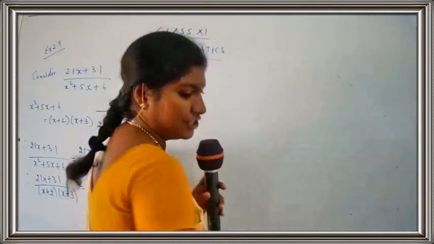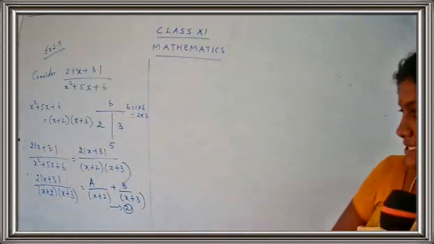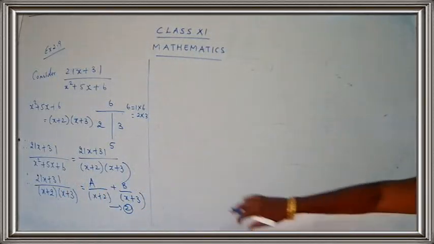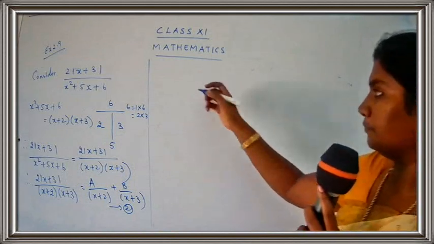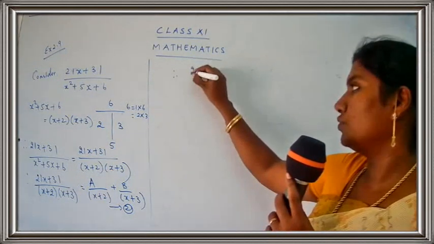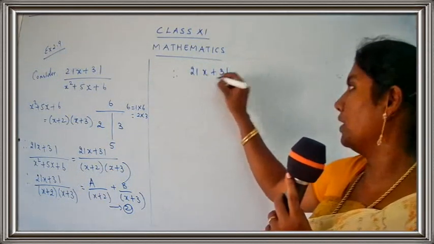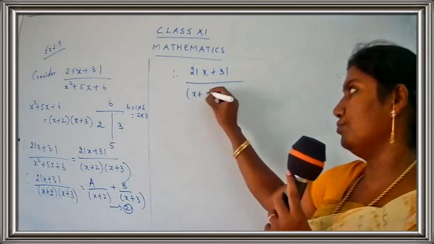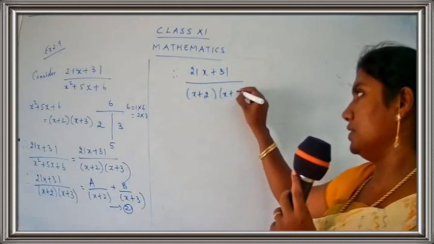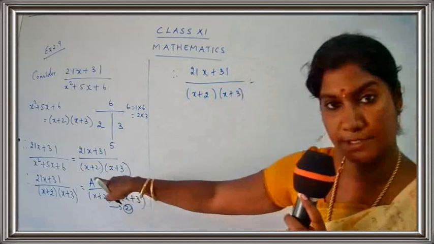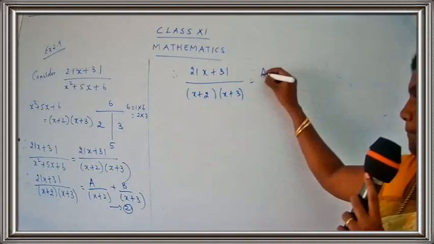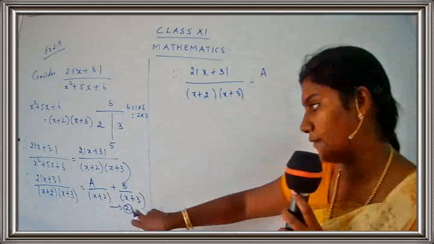I hope the sums are clear, yes, children? This is a very easy type. So, I'll take this part. What do you get here? Therefore, (21x + 31)/((x + 2)(x + 3)) is equal to A. I'm just going to cross multiply, children. A, the denominator is x + 2, so I want x + 3.